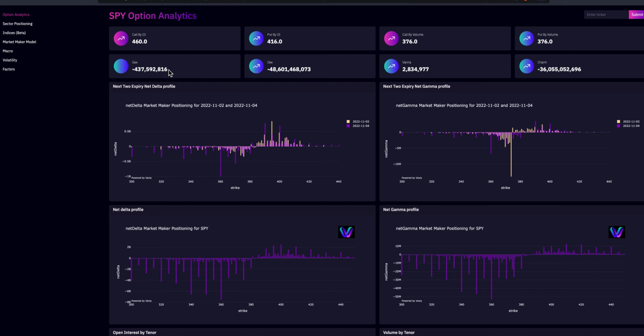For us, that doesn't give you any context in terms of direction. Negative gamma just means there's going to be more volatility, so it's kind of a defunct term in terms of making it actionable.